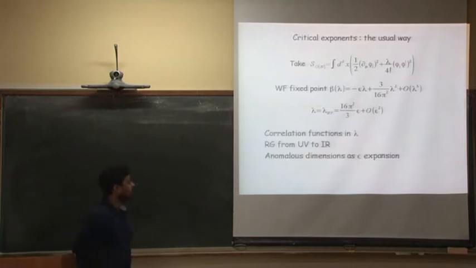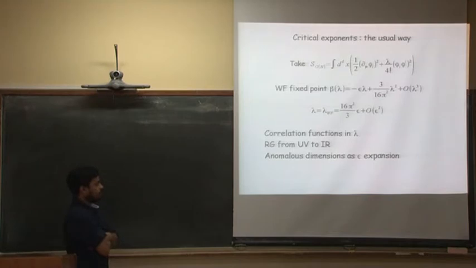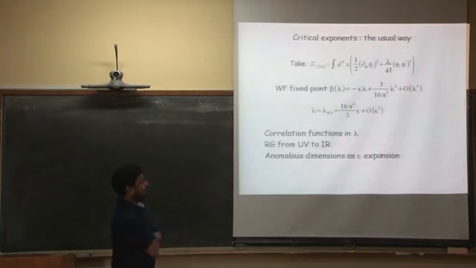Then you calculate the correlation function that is supposed to give you the mass correction, so basically corrections to the conformal dimensions of fields in lambda under this RG flow from the free or Gaussian fixed point to the interacting fixed point. And then you, of course, write down these anomalous dimensions, or corrections to the conformal dimensions of these operators, as a series in epsilon, and that's what we call the epsilon expansion.